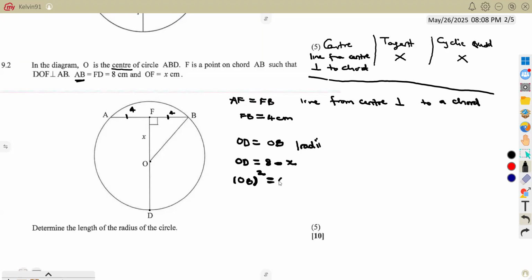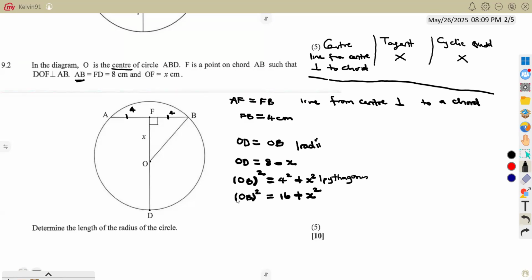So it must be equal to 4 squared plus X squared, after we apply Pythagoras theorem. So, if we simplify, OB squared must be equal to 16 plus X squared.